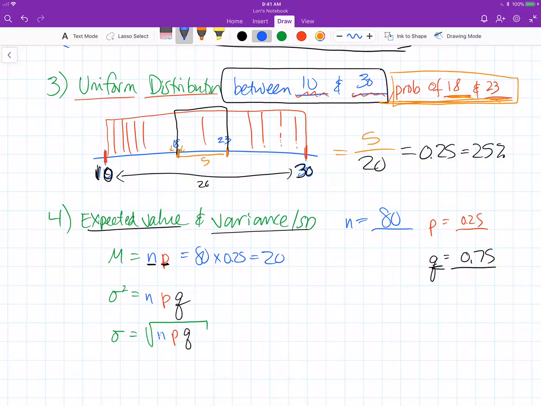Now I can also calculate a variance and or a standard deviation around that by this equation right here. My variance is equal to 80 times 0.25, also times 0.75, and that number actually comes out to be equal to 15. A lot of times people struggle with the concept of variance, so we want to convert that to standard deviation.